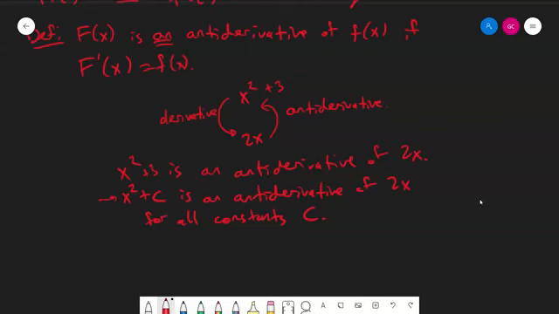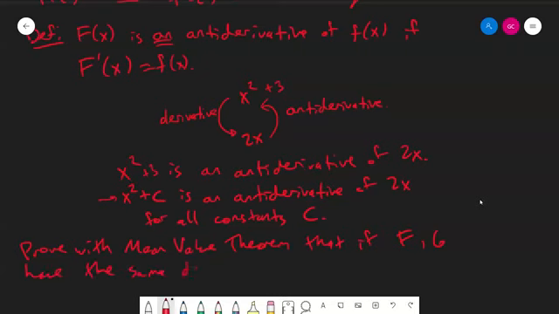You can prove with the mean value theorem that if two functions, capital F and capital G, have the same derivative, then F is equal to G plus some constant on every interval.